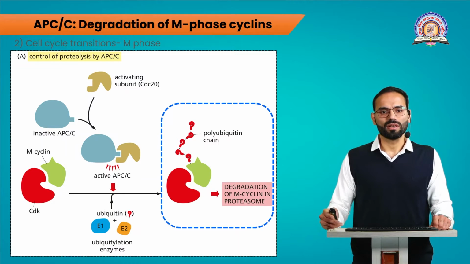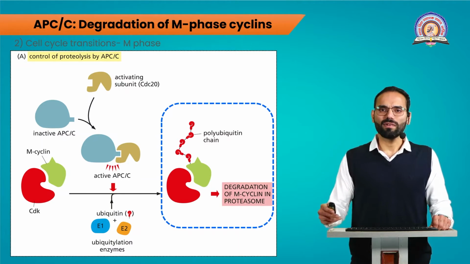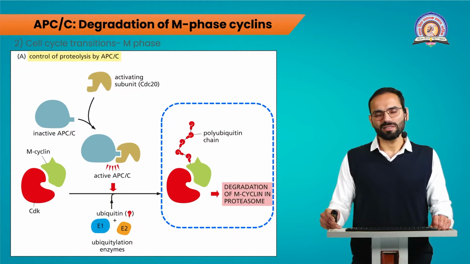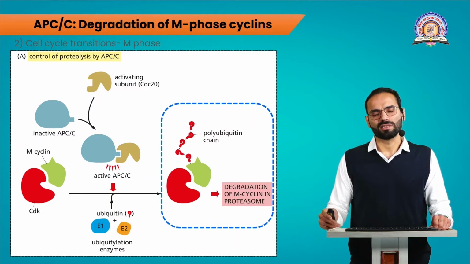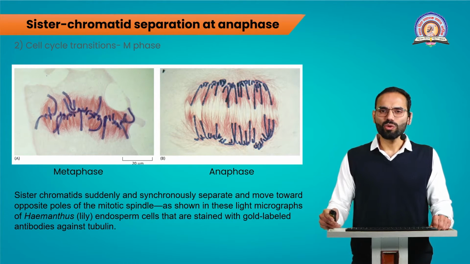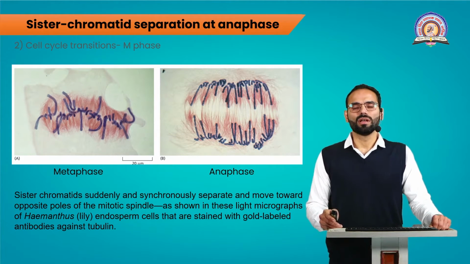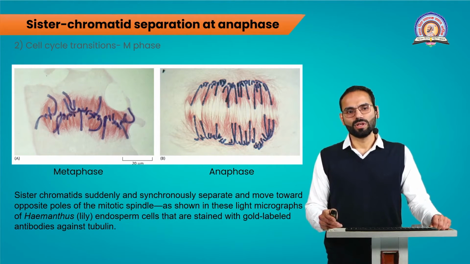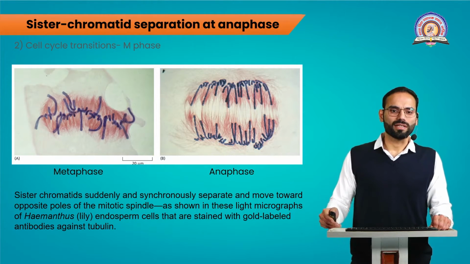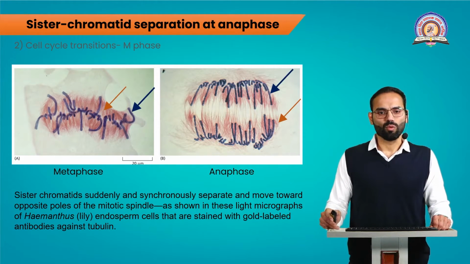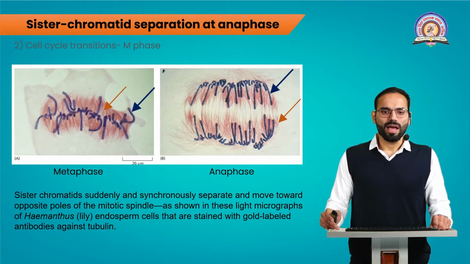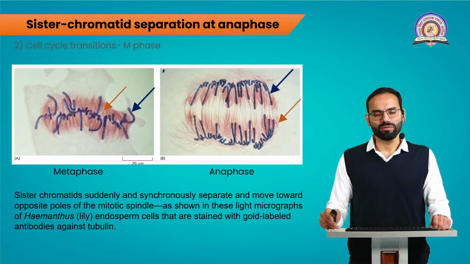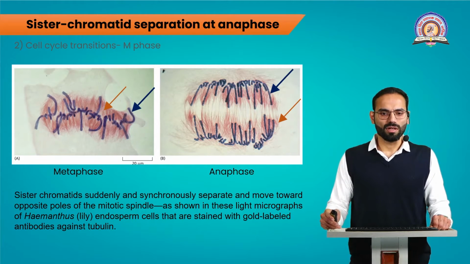So because of this, there is degradation of the M-phase cyclins, and that finally results in a successful metaphase to anaphase transition. You can also visualize this transition under a microscope. Here we can see the chromosomes, which are blue in color, and the microtubules, which are stained with gold label antibodies, and this we can observe under a normal light microscope.